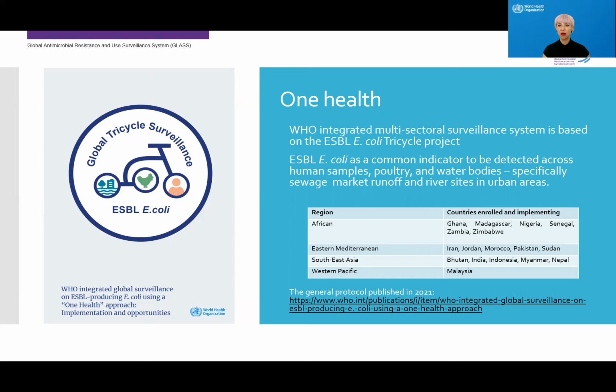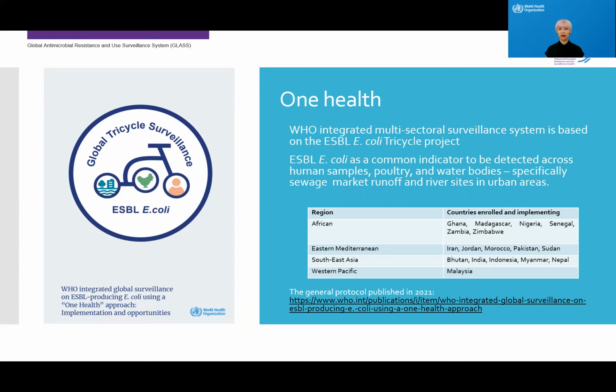The Tricycle, the One Health module for GLASS, is an integrated multi-sectoral surveillance system based on the ESBL E. coli Tricycle project, where ESBL E. coli has been chosen as a common indicator to be detected across human samples, poultry, and water bodies, specifically sewage, market runoff, and river sites in urban sites.